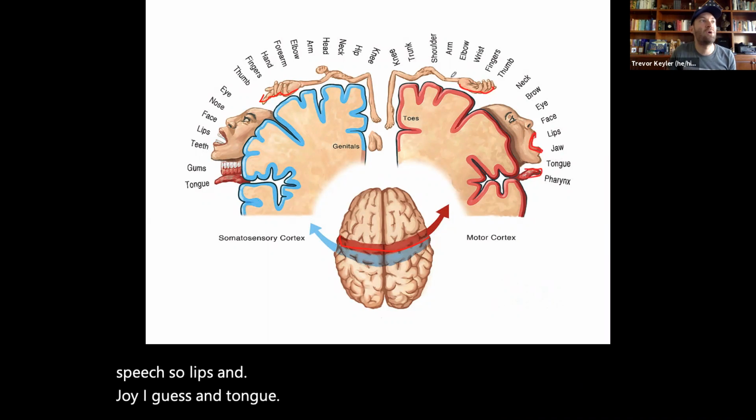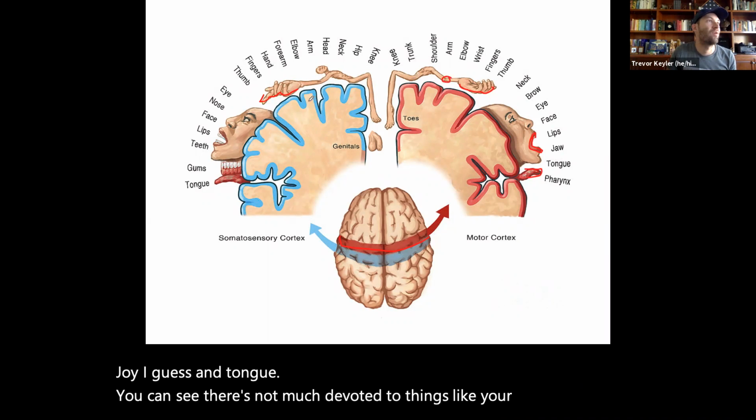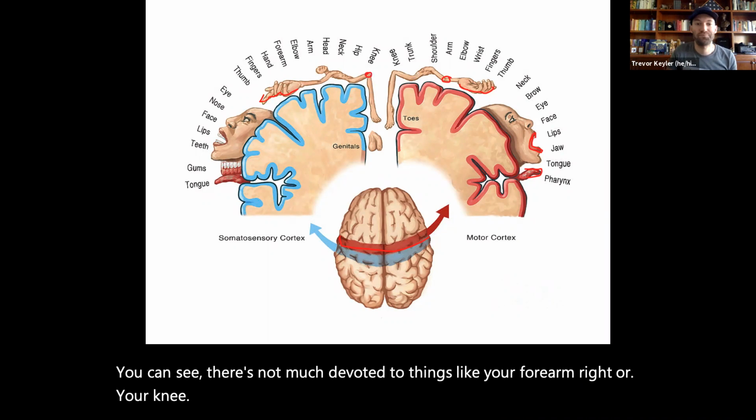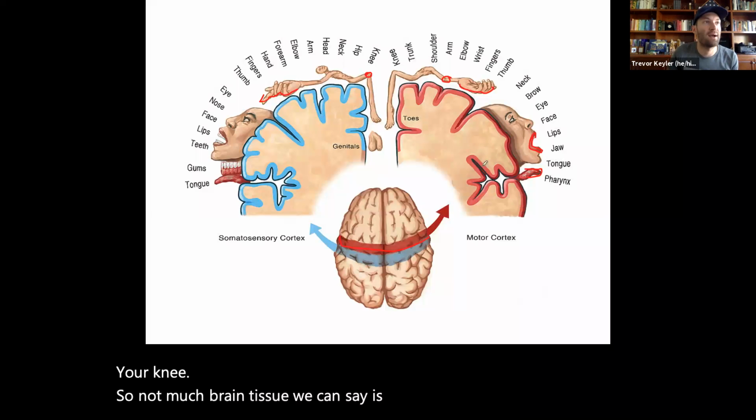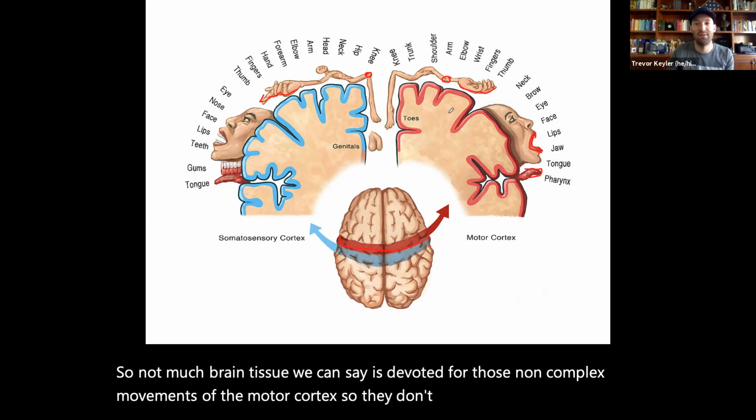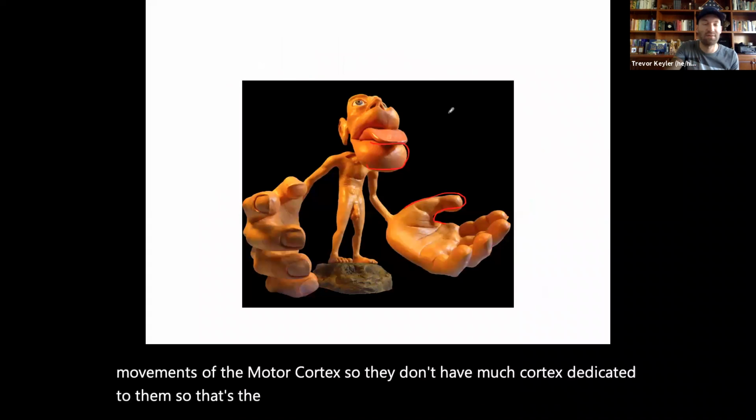You can see there's not much devoted to things like your forearm, right? Or your knee, okay? So not much brain tissue we can see is devoted for those non-complex movements of the motor cortex. So they don't have much cortex dedicated to them. So that's the idea of this homunculus, little FYI.